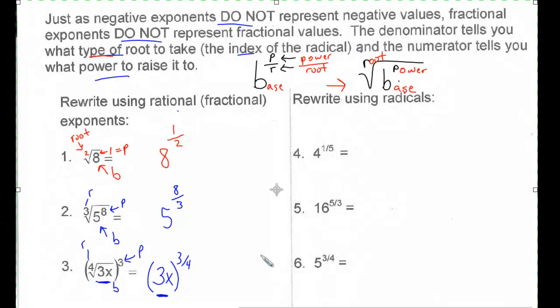Now let's take this backwards and let's rewrite using radicals. So I'm going to change it from rational exponent to a radical. The base is 4, the power is 1, and the root is 5. 16 to the 5/3. The base is 16, the power is 5, and the root is 3.